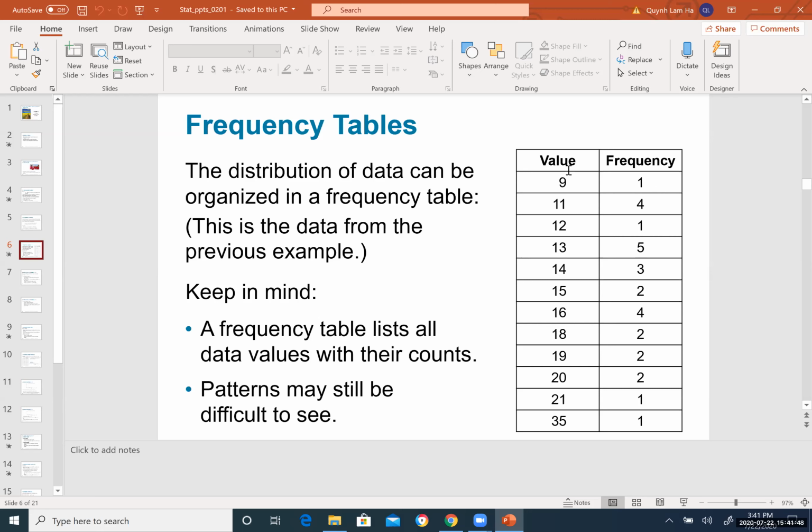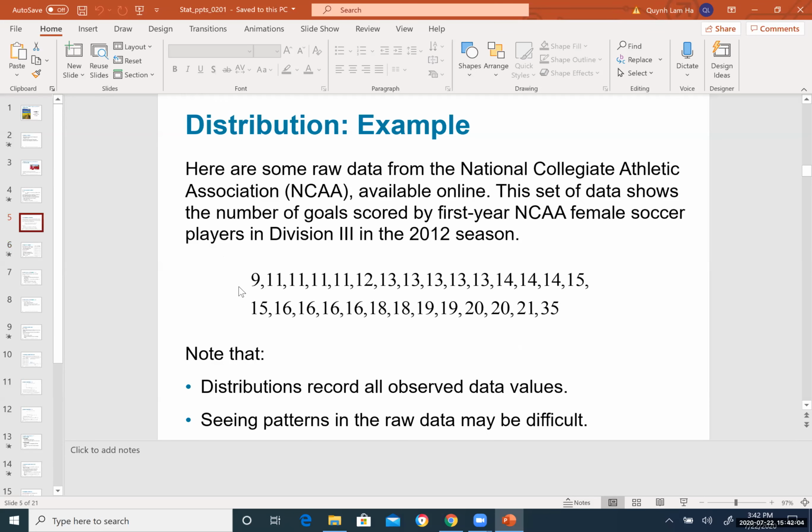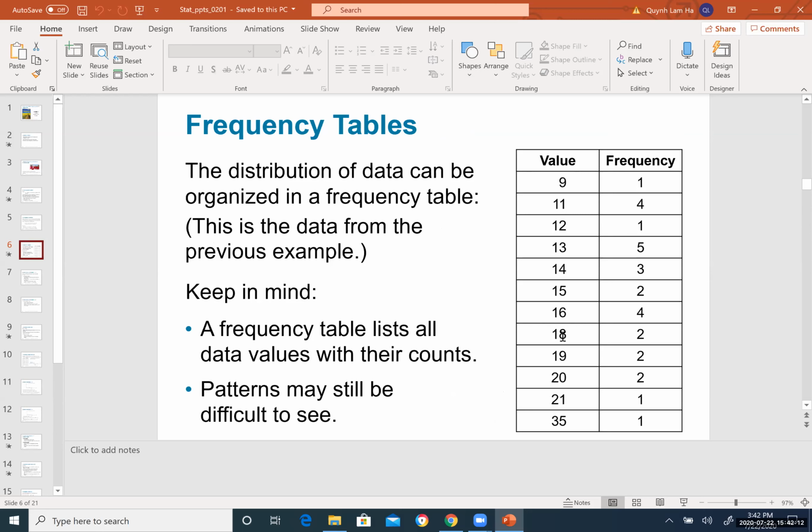So right here for 9 goals, only 1 time, and 11 they got 4 times, and so on. You see that? This table is easier than the first slide, right? The list is harder to see compared to this table, correct?